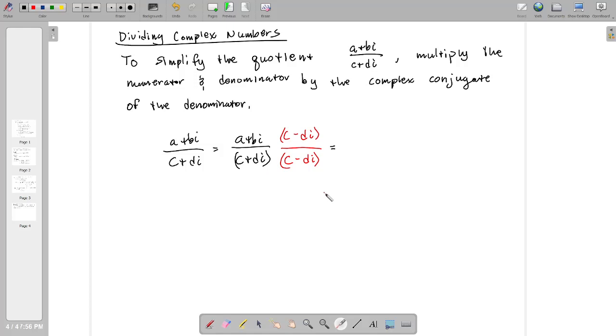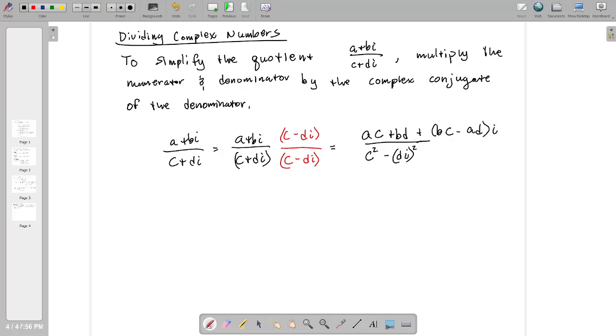What will happen here in the denominator is that we have a difference of squares. So each term will be squared, and we'll have a subtraction between them. So this will become c squared minus di quantity squared. And in the numerator, you can multiply this out to be ac plus bd plus bc minus ad times i.